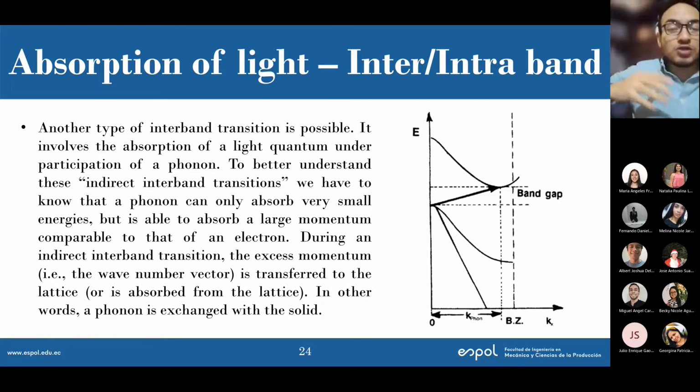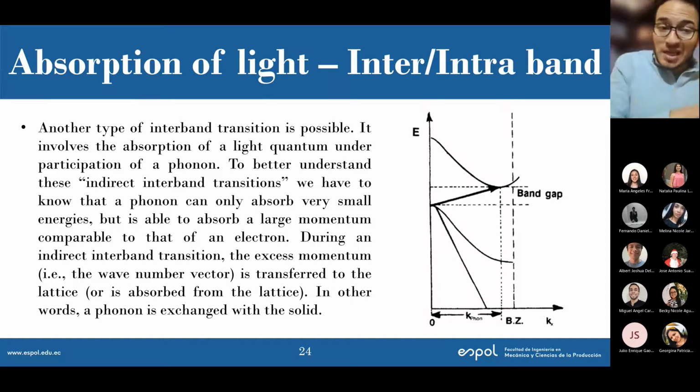So when a transition is going to occur from one band to the other, that excess momentum of the phonon can be transferred to the lattice. So it's basically absorbed by the lattice. It's like you are exchanging a phonon with the solid. The concept is really similar to a photon coming in, like the previous one, impinging on the solid, and then electrons jump into higher levels.